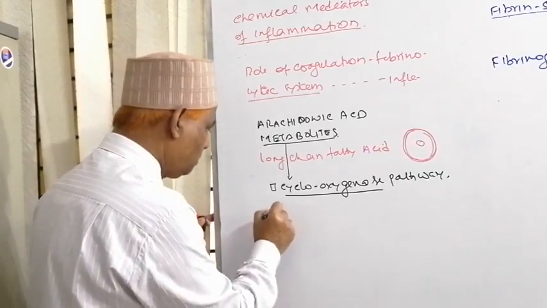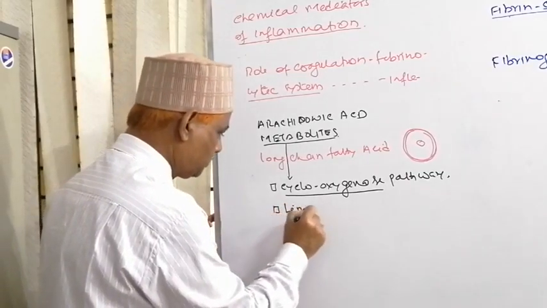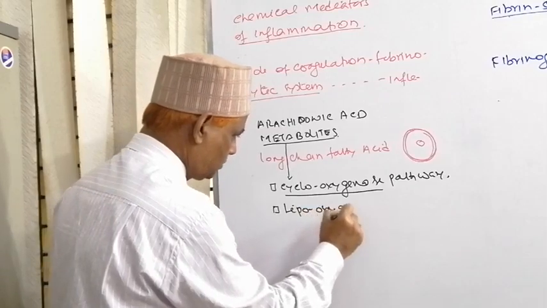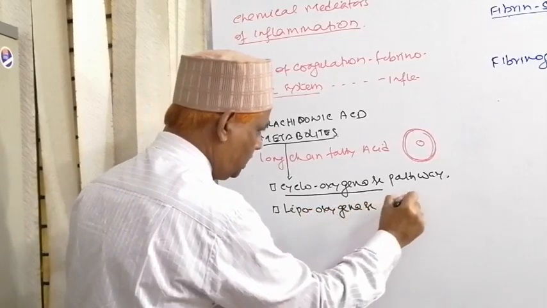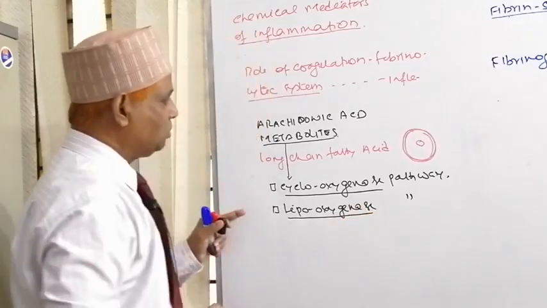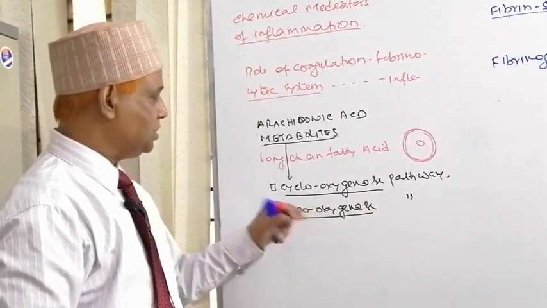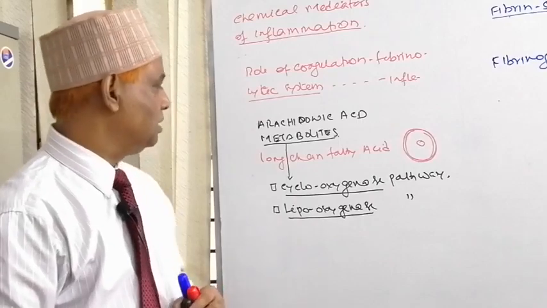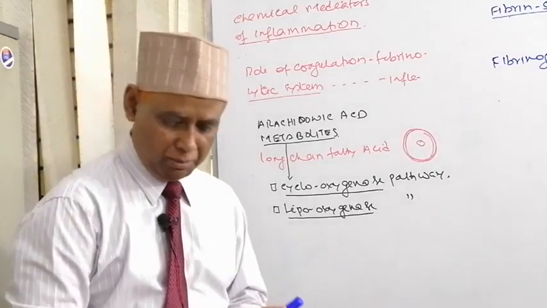Another is lipooxygenase pathway. When arachidonic acid is metabolized with the help of enzyme lipooxygenase, then it is called lipooxygenase pathway of metabolism.